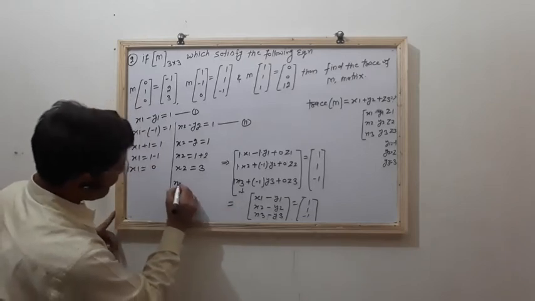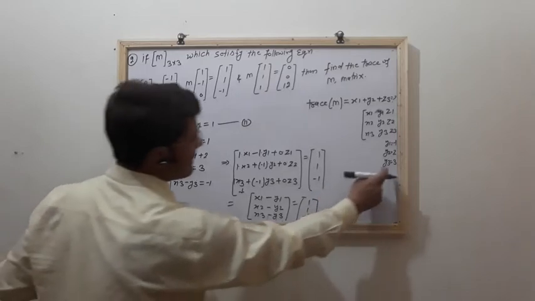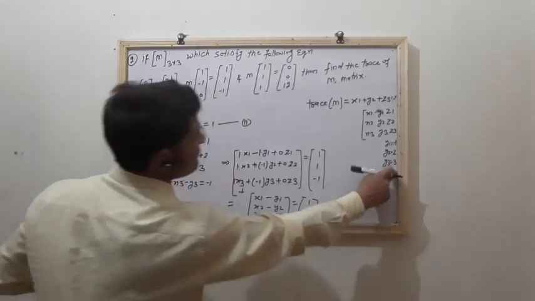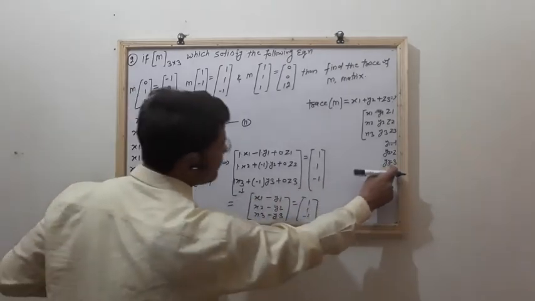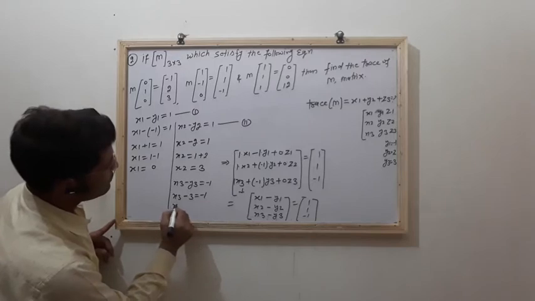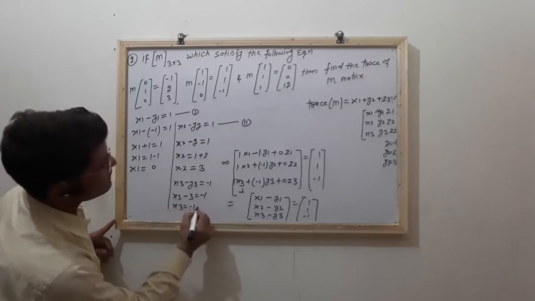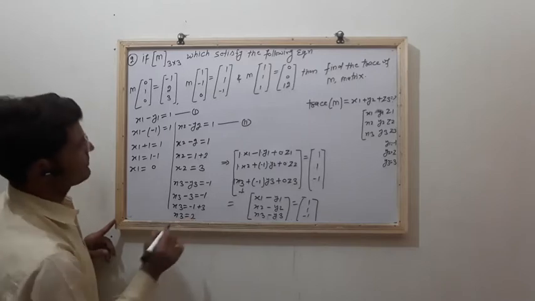Similarly, x3 minus y3 is equal to minus 1, and the value of y3 is equal to 3, so that x3 minus 3 is equal to minus 1, so that x3 is equal to minus 1 plus 3, x3 is equal to 2.